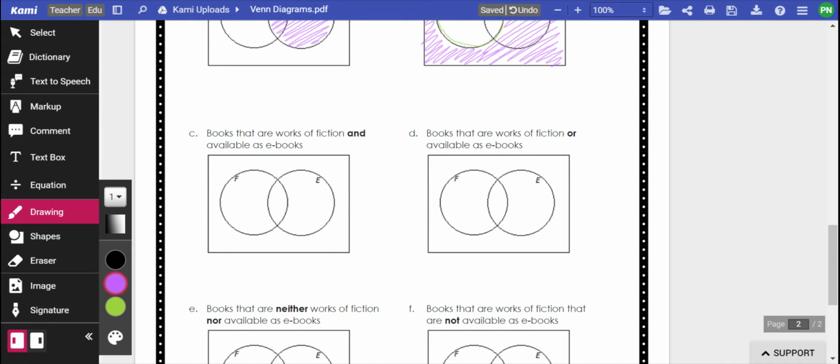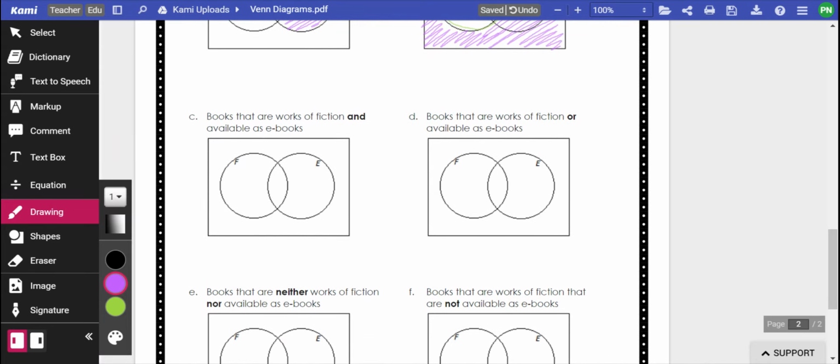All right, books that are works of fiction and available as ebooks. So again, it has to meet both criteria, which means I need to look for the overlap. So I'm going to shade in the middle. I want the ones that are both this and both that.